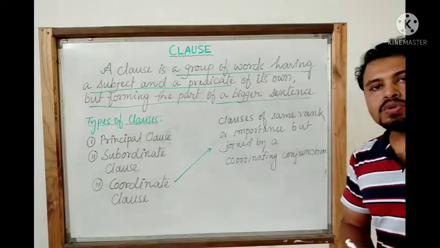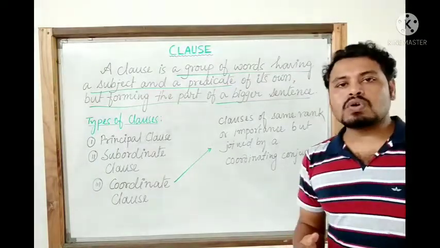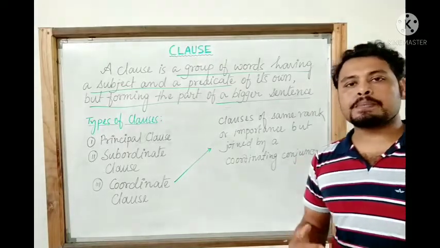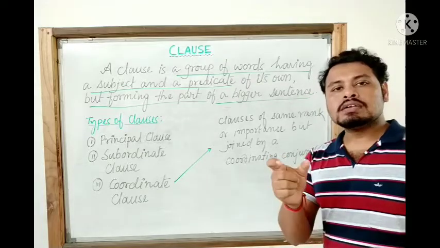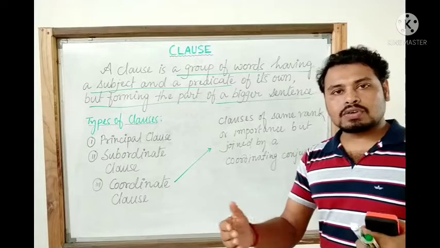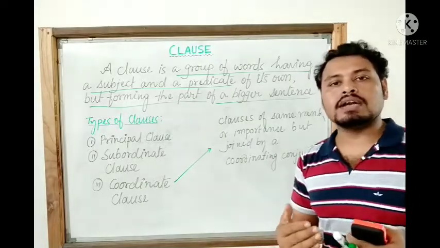That means when two clauses of same rank, two clauses of same importance, two clauses of a same weightage are joined by a coordinating conjunction, that clause becomes a coordinating clause or a coordinate clause.